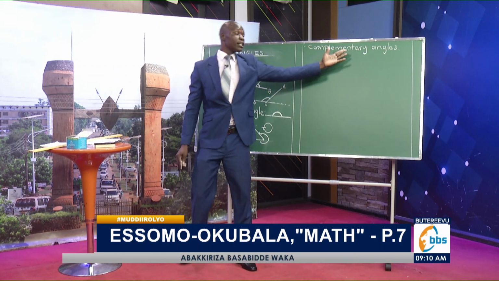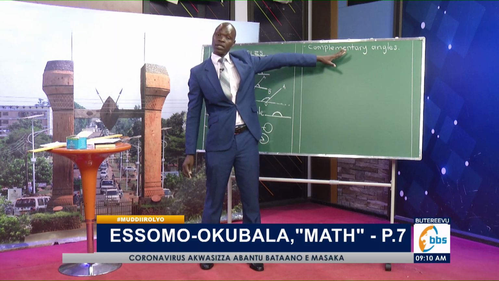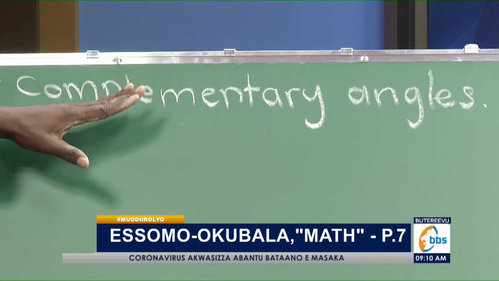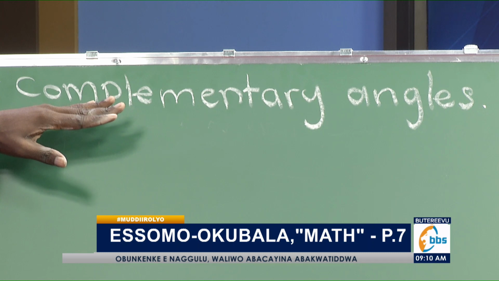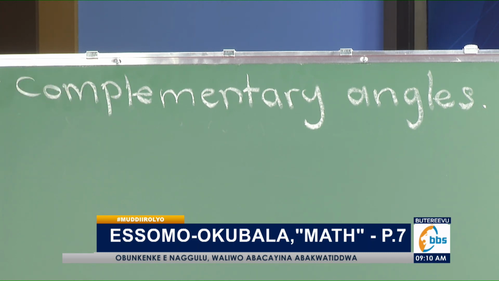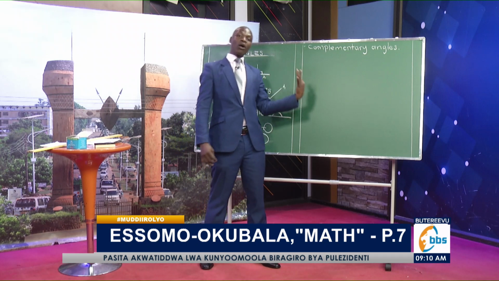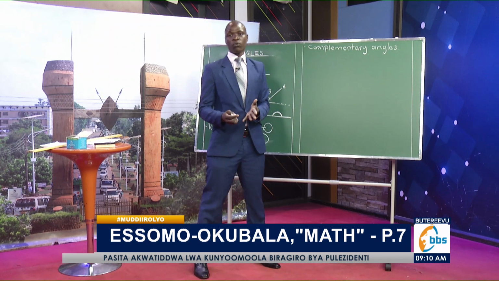Complementary angles are pairs of angles which add up to 90 degrees. They are supposed to be in pairs. You will find that the other angle is a complement of the other.